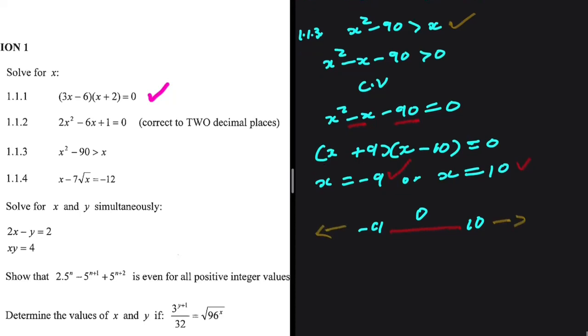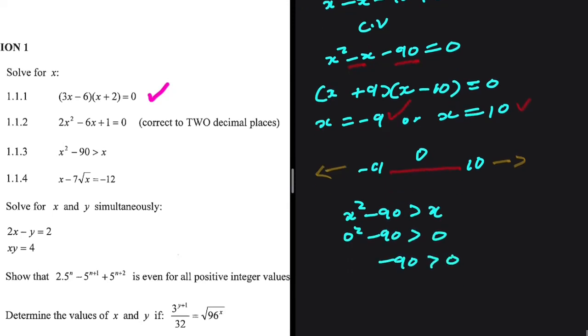So let's go ahead and find out. x squared minus 90 being greater than x. Let's substitute 0. So we have 0 squared minus 90 being greater than 0. Minus 90 is greater than 0. Well, we can clearly see that this is not the case. Minus 90 is not greater than 0. So our answer does not lie between minus 9 and 10.